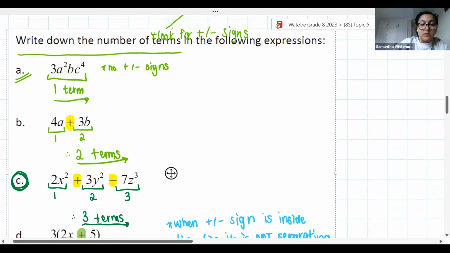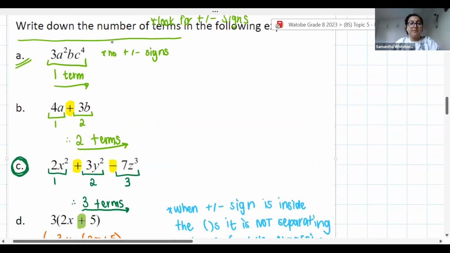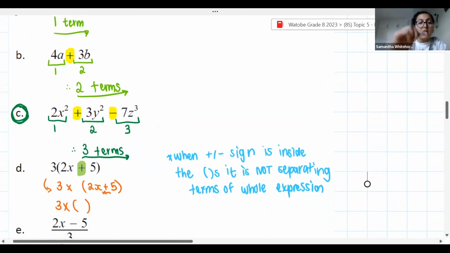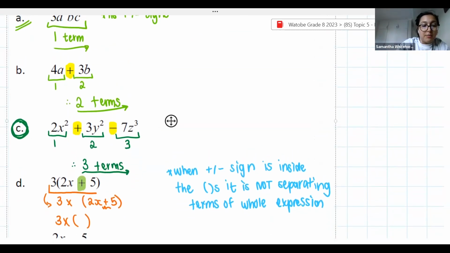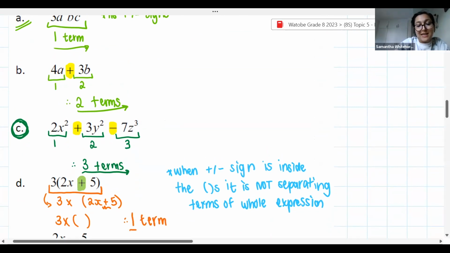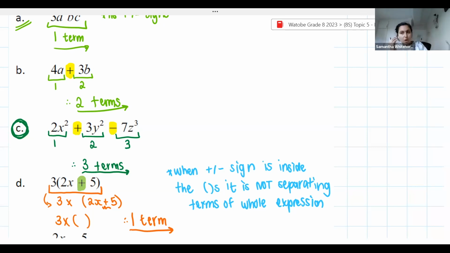And so what that means is that this entire product is 1 term. Yes, there is a plus sign inside my bracket, but signs inside the bracket don't contribute towards terms for the whole expression. So if I'm looking at the entire expression, it is a multiplication. It is 3 times a bracket. And because multiplication does not separate terms, we have 1 term that we are working with here.